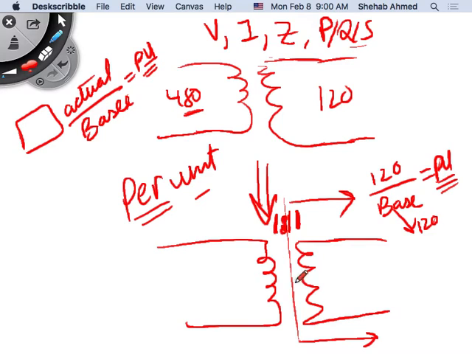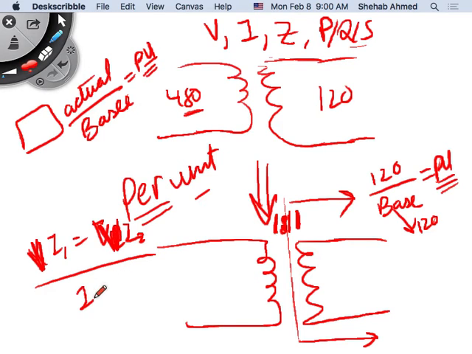This way I've taken a transformer and converted it to a one-to-one transformer. What does a one-to-one transformer do? Remember, for a transformer V1I1 is equal to V2I2. So if the V's are equal, it also means that the I's are equal: I1 is equal to I2.